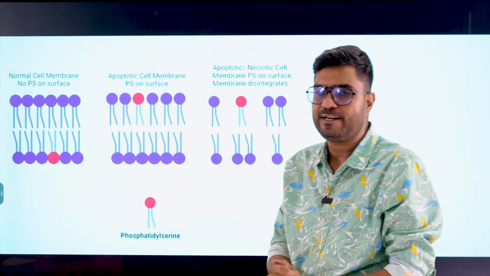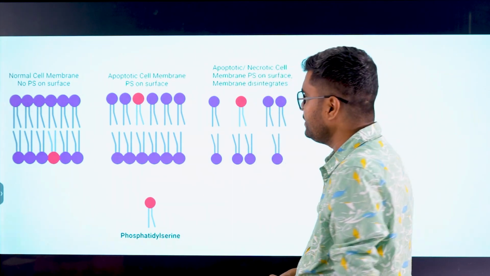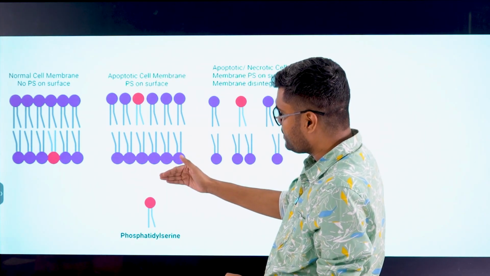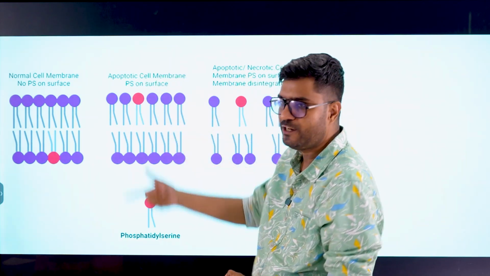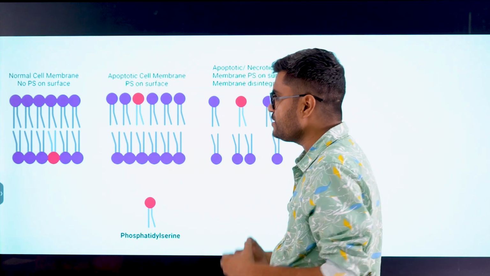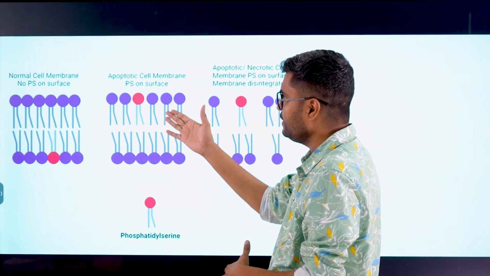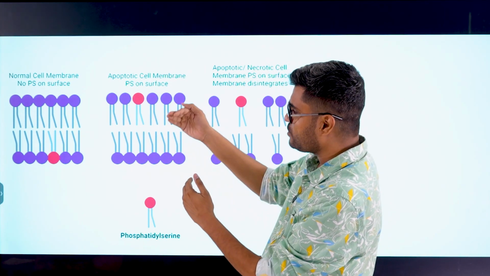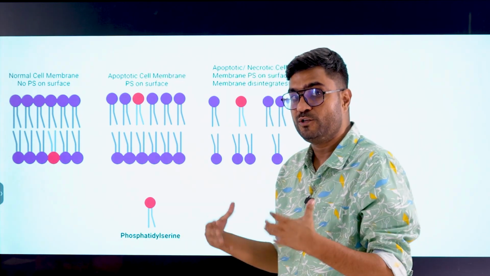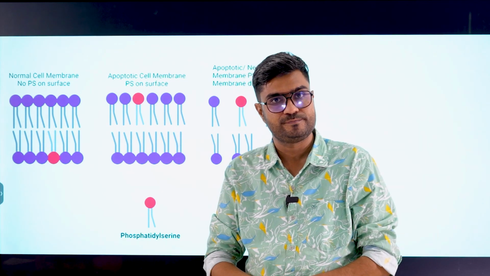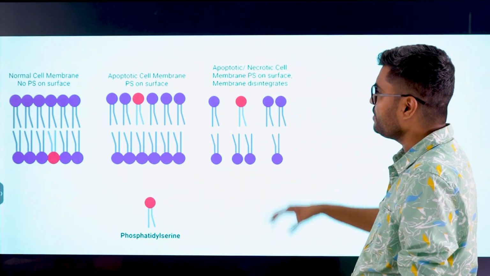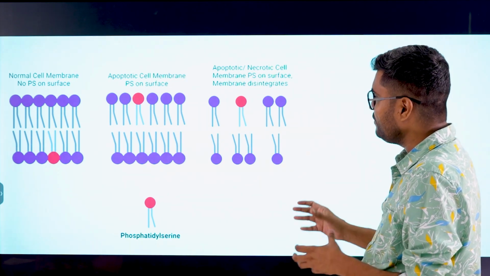If the cell is entering into apoptosis, then the membrane starts flipping and this inner phosphatidylserine flips to the outside of the cell membrane. And if we have phosphatidylserine on the outer face of the plasma membrane, then we say the cell is undergoing apoptosis. After some time, the cells will be dead because of apoptosis. How will it look?